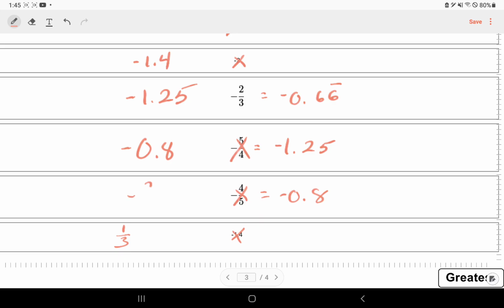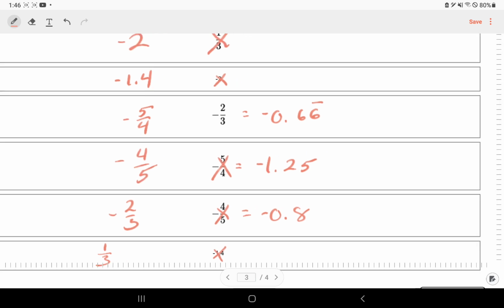And then -2/3. Technically, those are wrong because that's -5/4 and -4/5. And so that's your answer: -2, -1.4, -5/4, -4/5, -2/3, and 1/3.